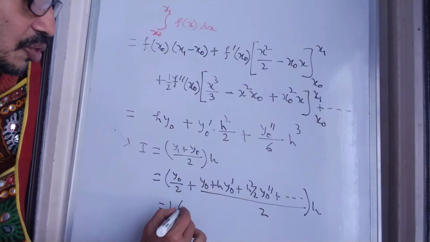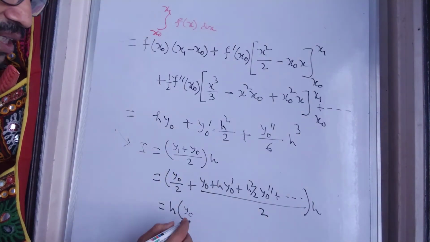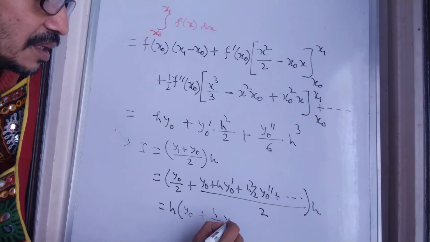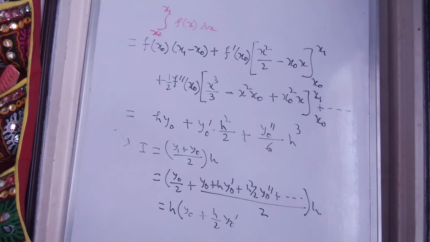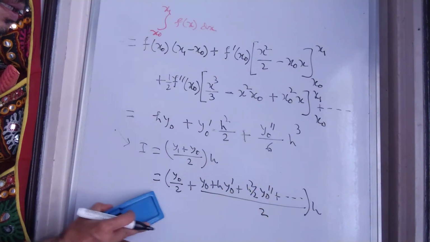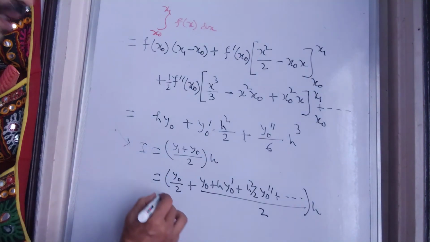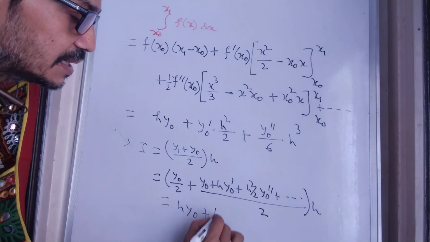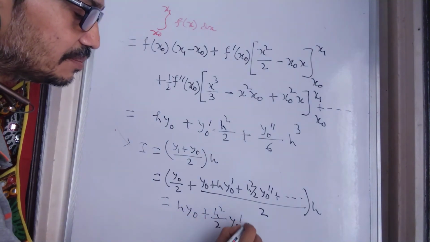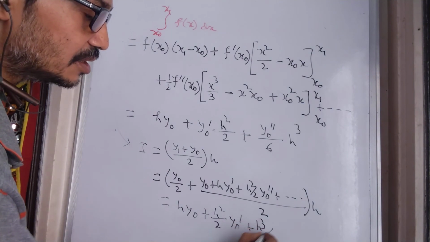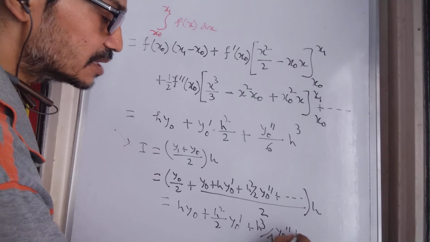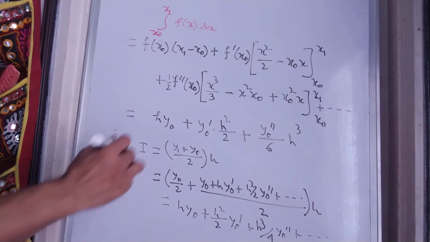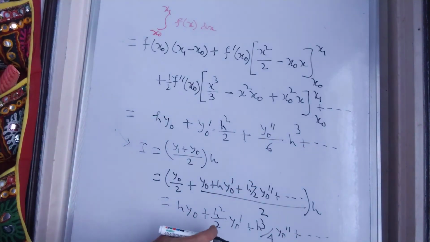It becomes h into y0 by 2 plus y0 by 2 plus h by 2 y0 prime. Let us write it by multiplying this h with this, and we have h y0 plus h square by 2 y0 prime plus h cube by 4 y0 double prime and so on. So this is the actual value and this is the numerical value.